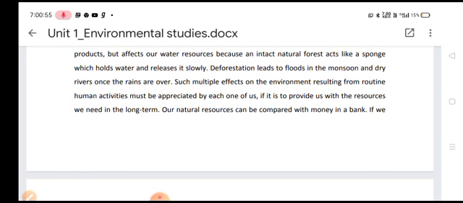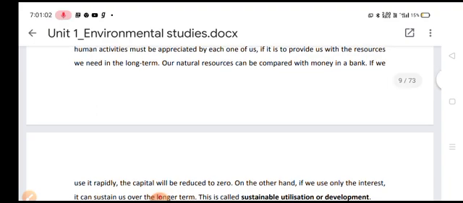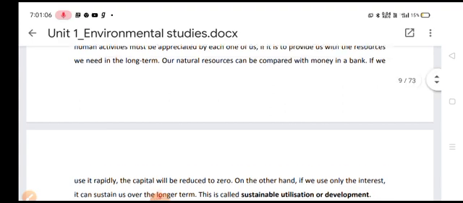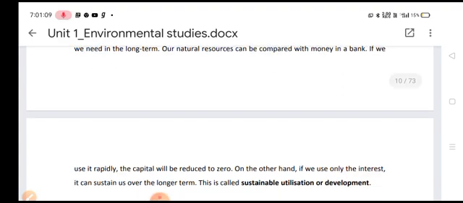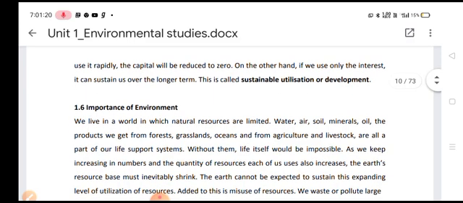Such multiple effects on the environment resulting from routine human activities must be appreciated by each one of us. If it is to provide us with the resources we need in the long term, our natural resources can be compared with money in a bank. If we use it rapidly, the capital will be reduced to zero. On the other hand, if we use only the interest, it can sustain us over the longer term. This is called sustainable utilization or development.